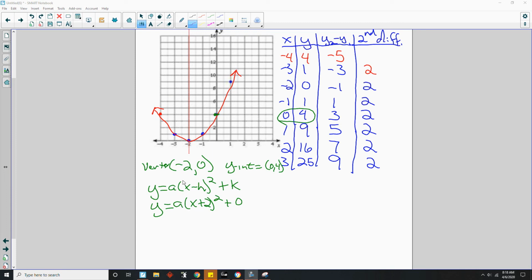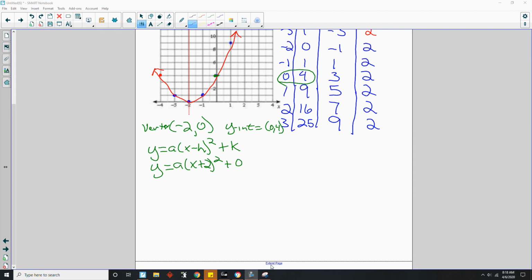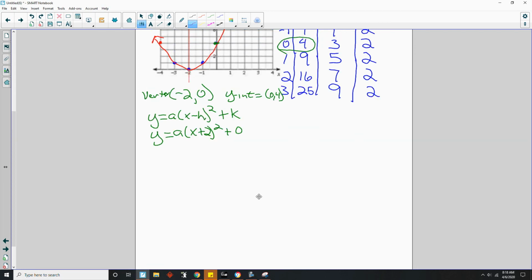So we could continue by playing around with this, but let's go back to prior lessons in this module, and we will use systems of linear equations or systems of equations to solve this. So in order to do that, we're going to use the points.